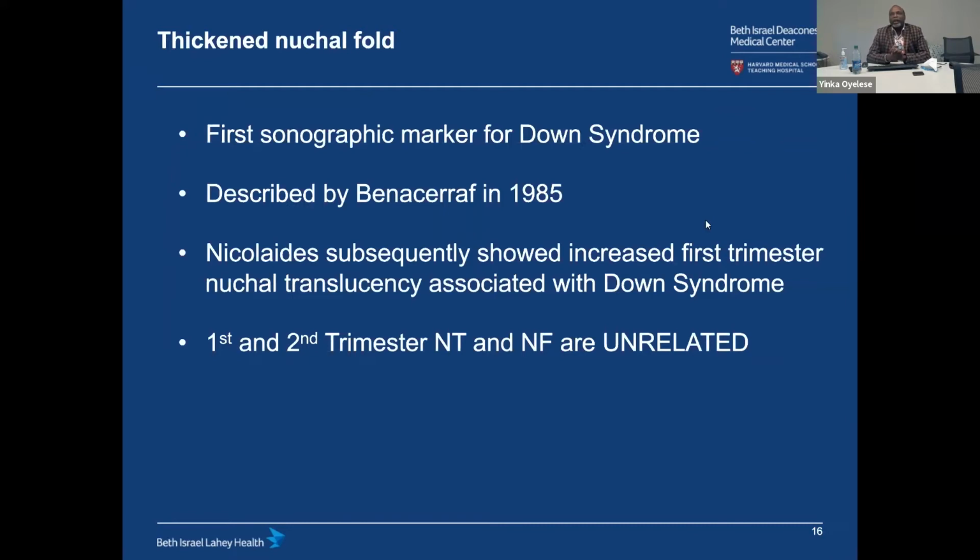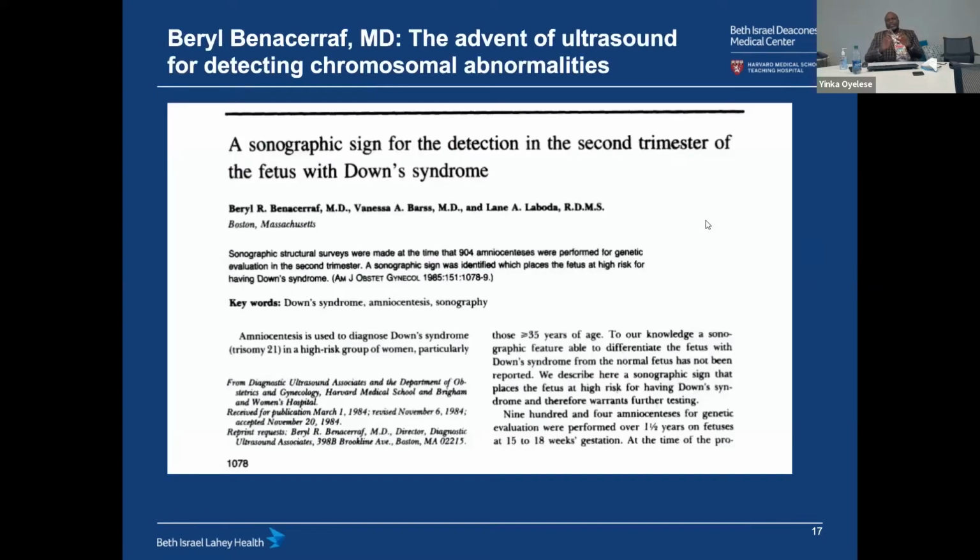Subsequently, Kypros Nicolaides and his group in London found that in the first trimester, the nuchal translucency, which is the skin behind the neck, was also enlarged. Interestingly enough, the first and second trimester nuchal fold and nuchal translucencies are unrelated. So they are independent and unrelated. Now, I want to take a step back because this may make something clear to us.